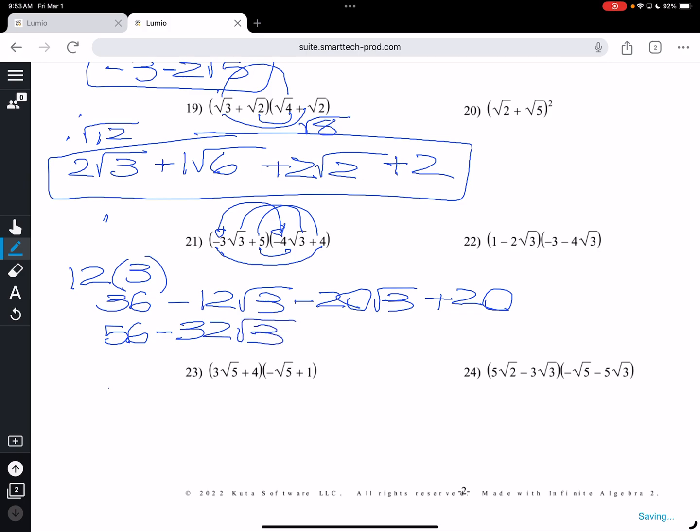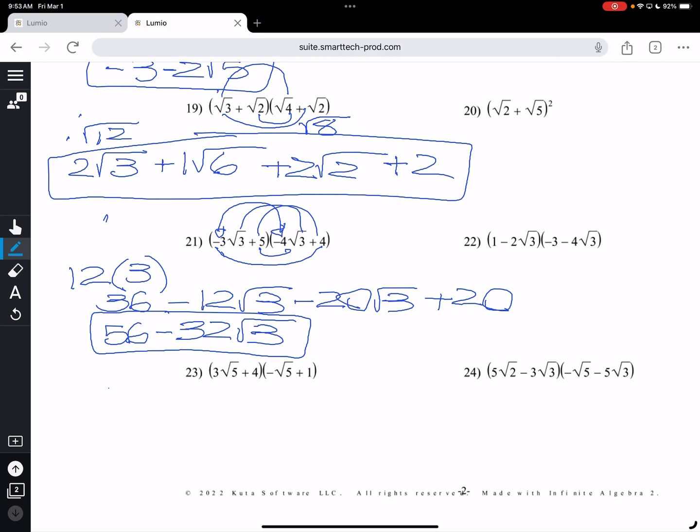I don't like these big ones. I don't get this one. Did you get 36 for first? Yes. Okay, and then outer, negative 3 times 4, negative 12, and then that radical 3 just stays radical 3. And then the inner is 5 times negative 4, so that's negative 20. And the radical just comes along.